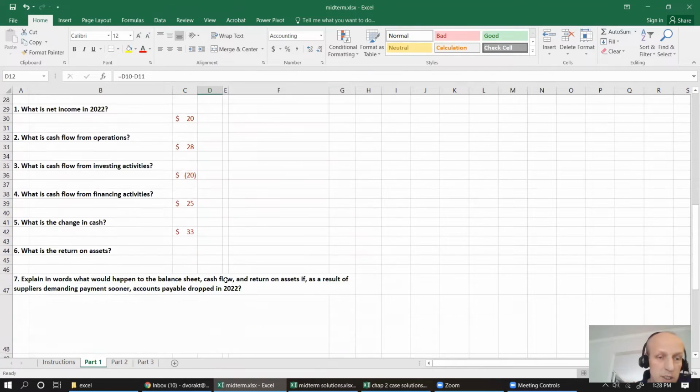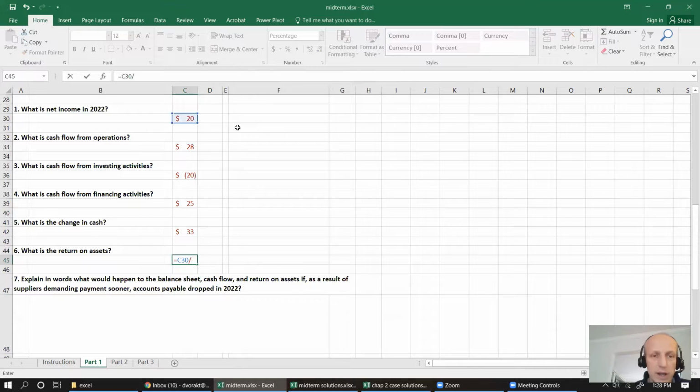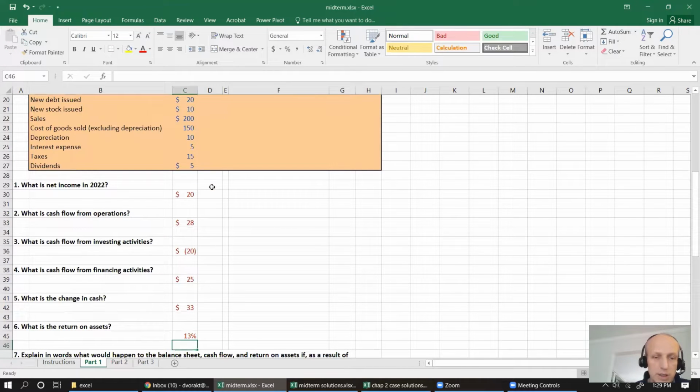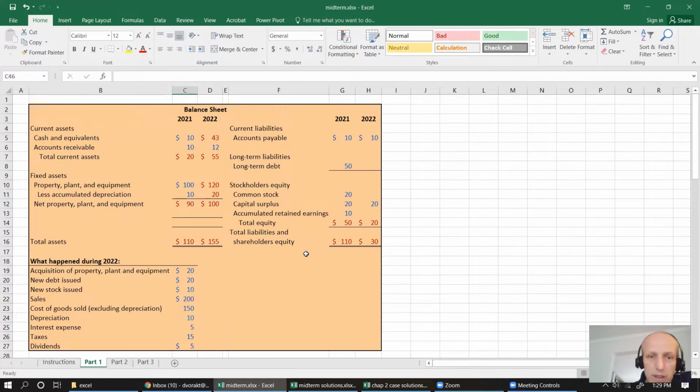So we're in a position to calculate return on assets, which would be net income divided by 2022 assets, which is about 13%. Fantastic. Just to make sure that we did things correctly, let's make the balance sheet balance.